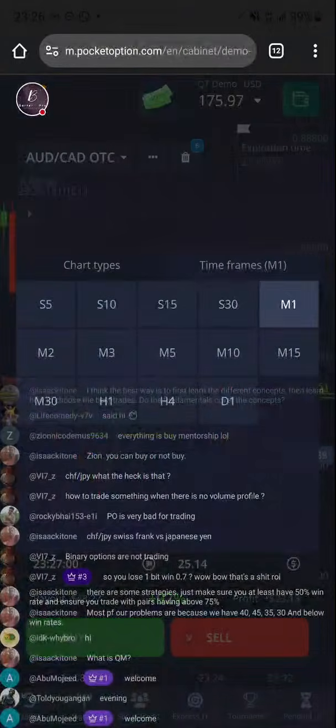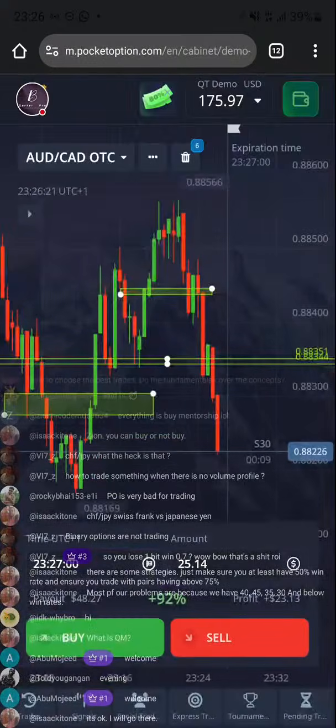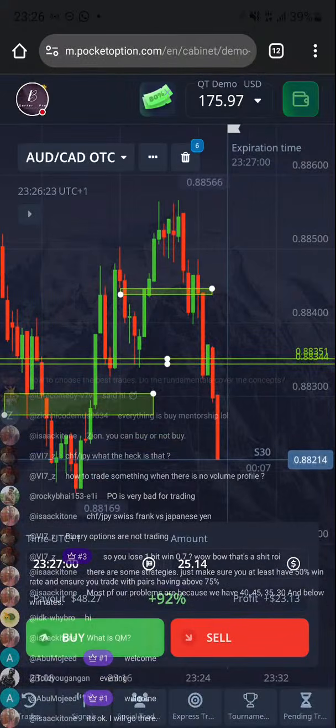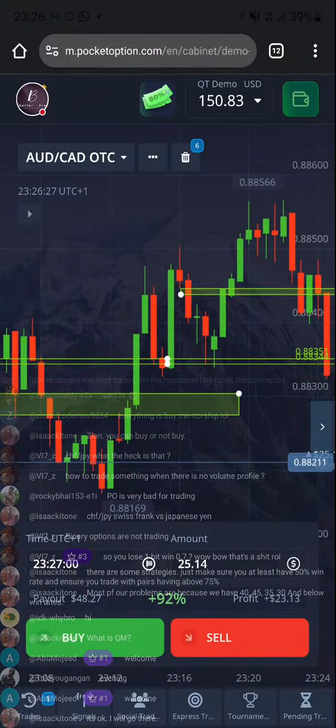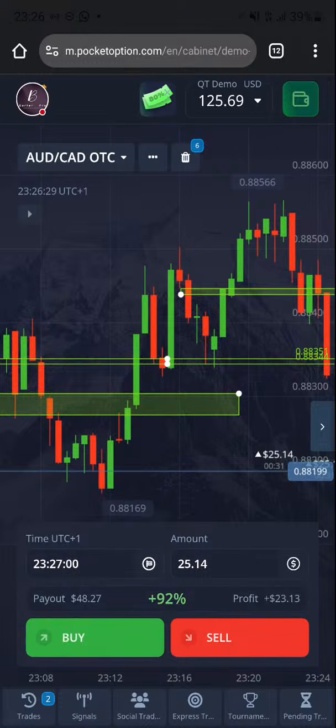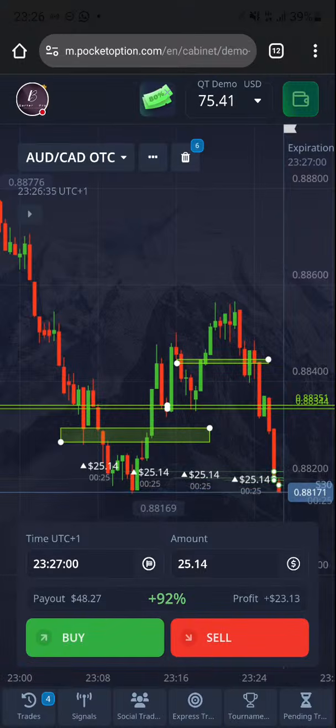I'm so sorry. Now, if you're okay, we have the confirmation. Okay, I'll take a trade here. The price is still coming down. I'll take another trade. I'll explain what QM is later. I just want to take this QM because I'm expecting a push to the upside.